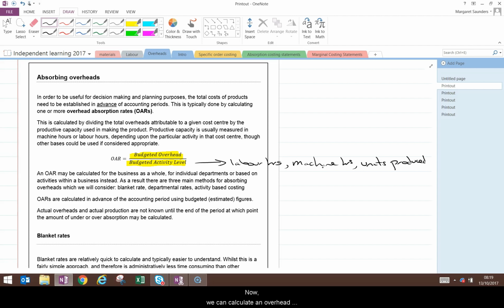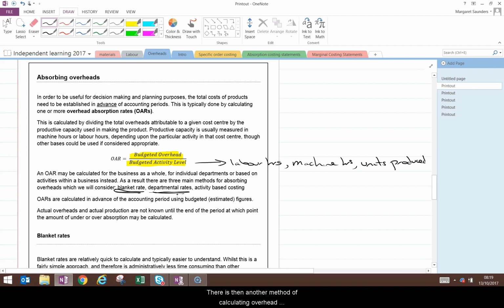Now we can calculate an overhead absorption rate for the whole business, or we can calculate an overhead absorption rate for individual departments within the business. If we calculate overhead absorption rates for the whole business, they are referred to as blanket rates. If we calculate them for departments, they're referred to as departmental rates.